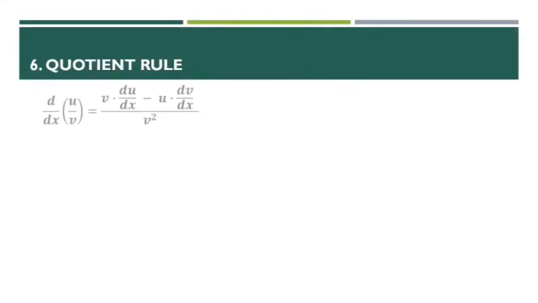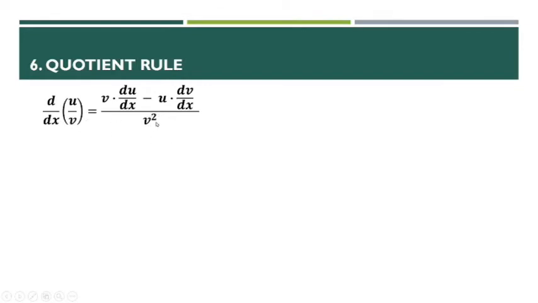Number 3, quotient rule. So the derivative of the quotient, or the division of two functions, u over v, is equal to v times du over dx minus u times dv over dx, over square of v. So ang notation natin dito is low, or yung lower function, low, the high, or the derivative of higher function, minus high, below, meaning derivative of lower function, over low squared.